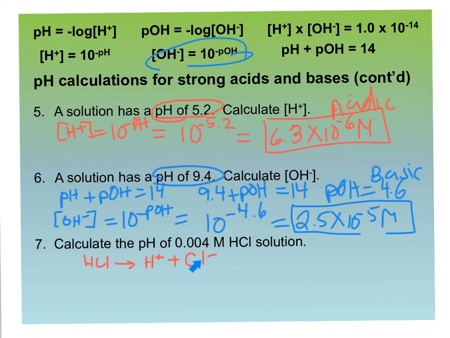So if I had 1 mole of HCl, then that means I'd end up with 1 mole of H pluses and 1 mole of Cl minuses. What if I had 2 moles of HCl? I'd have 2 moles of H plus and 2 moles of Cl minus. What if I had 0.004 moles per liter of HCl?